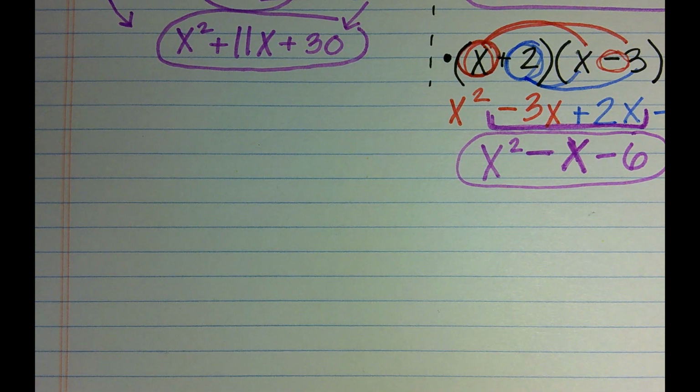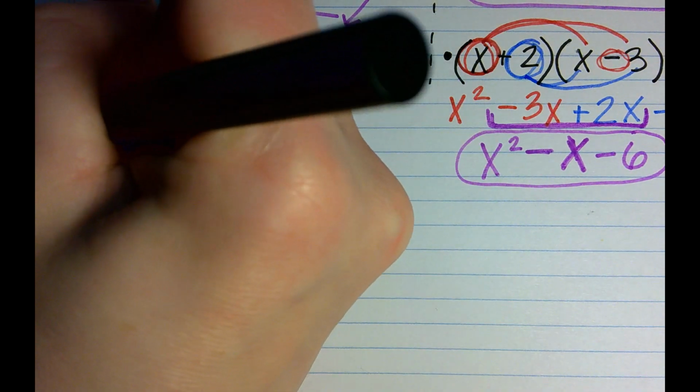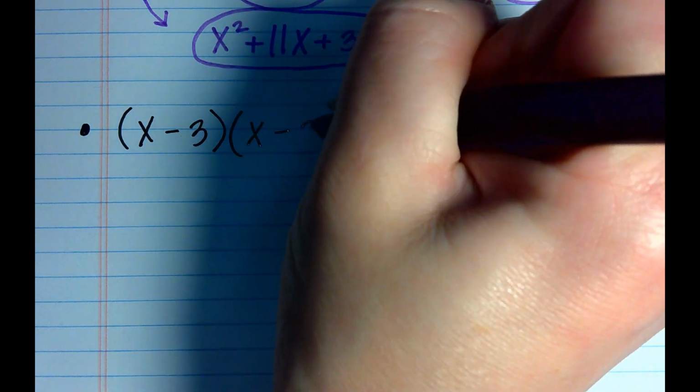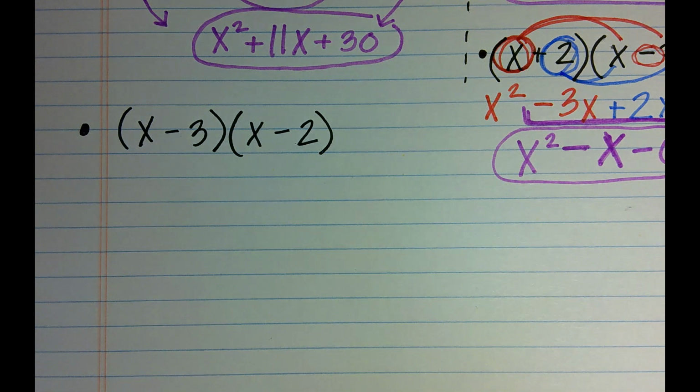What if I gave you x minus 3 times x minus 2? Now we have two negatives.